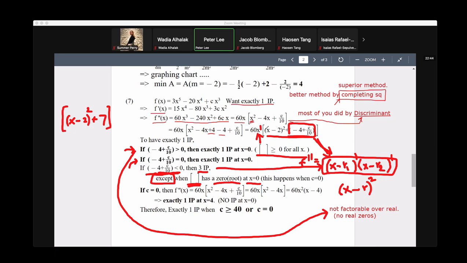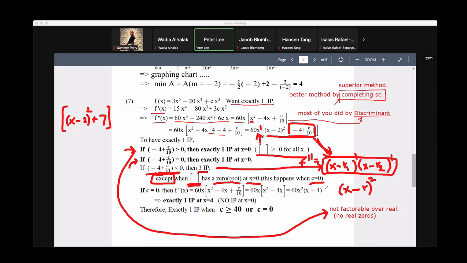So when you plug in x equals 0 here, how is it possible that we get the whole thing 0? If we do that, then we will find that c must be 0 in that case.